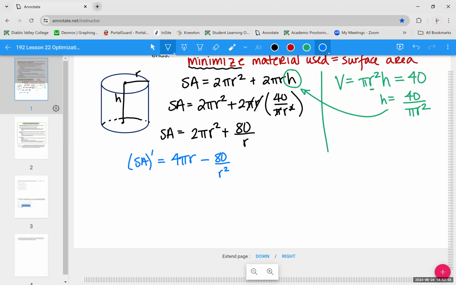In order to do that, it might be better for me to rewrite it as one fraction. So I'm going to multiply this one here by r squared over r squared so that I can rewrite this with one numerator and one denominator. That will then allow me to set this equal to 0 and solve.